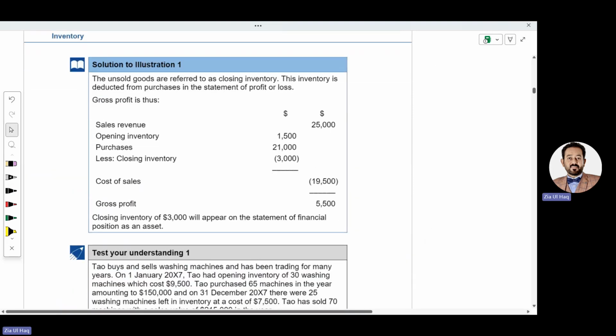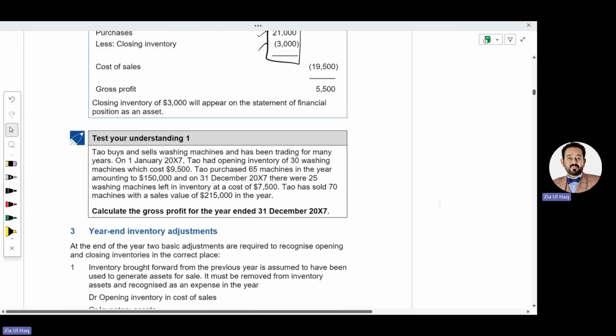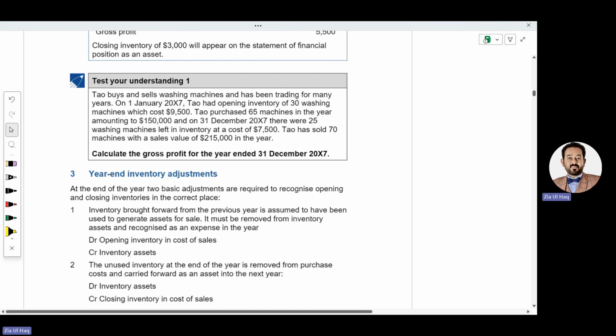Okay. So they have calculated sales less cost of sale, opening inventory plus purchases minus closing inventory, is equal to 5,500 gross profit. Test your understanding 1.